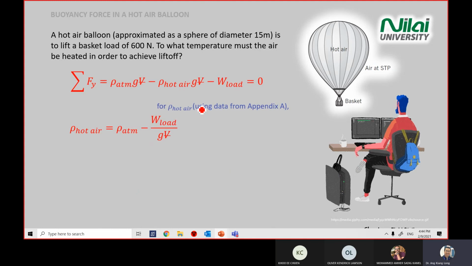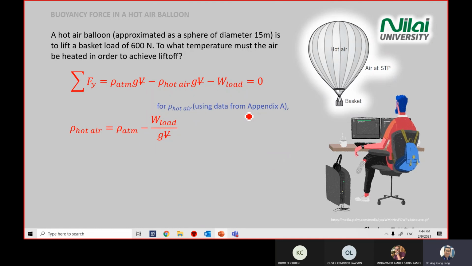Okay, so how do you know the value of rho for hot air? You need to use the appendix data. In the appendix, there's atmospheric data for air.